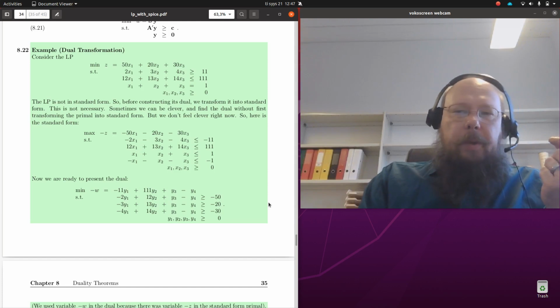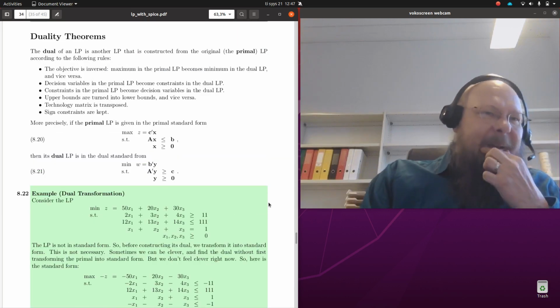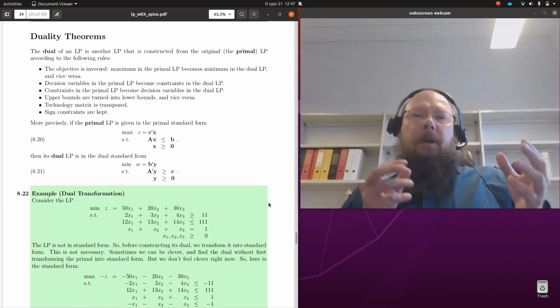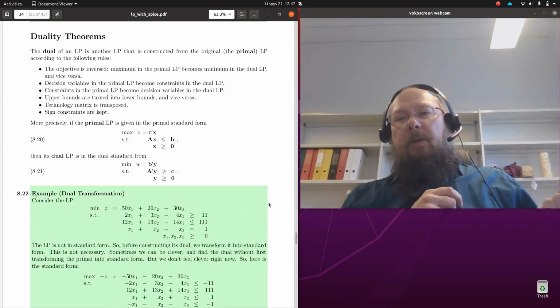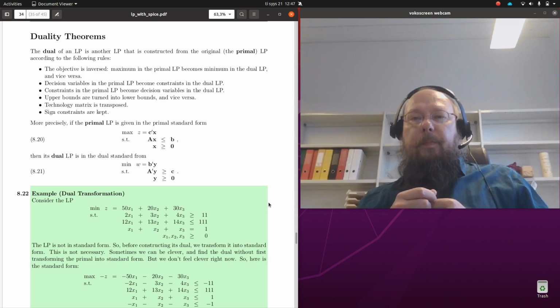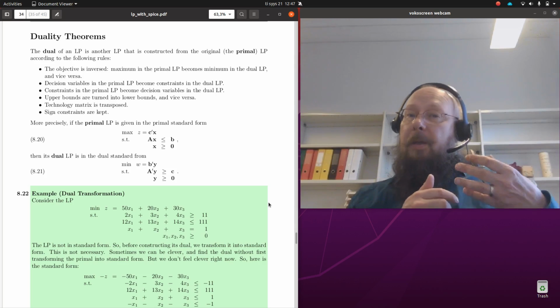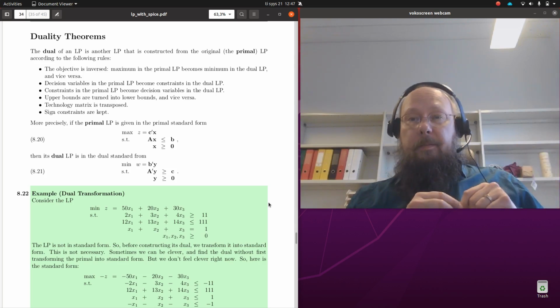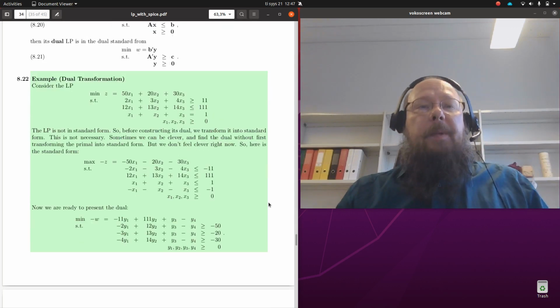There's nothing wrong here. This was correct. On the other hand, if you think about how you relate primal and dual, if the primal is a maximization, then the dual is a minimization. So of course it would make sense that if the primal is a minimization, then the dual is a maximization. Indeed, it would be more natural. So maybe what we did here was not so natural.